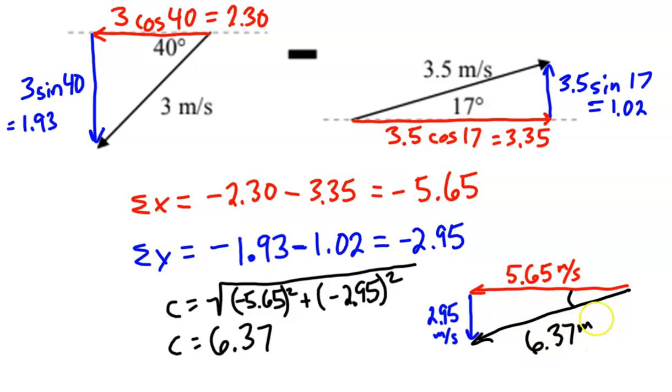And then the angle, we would probably most conveniently use inverse tangent. But really, now that we know all the sides of the triangle, you could pick whichever trig function you like the best.